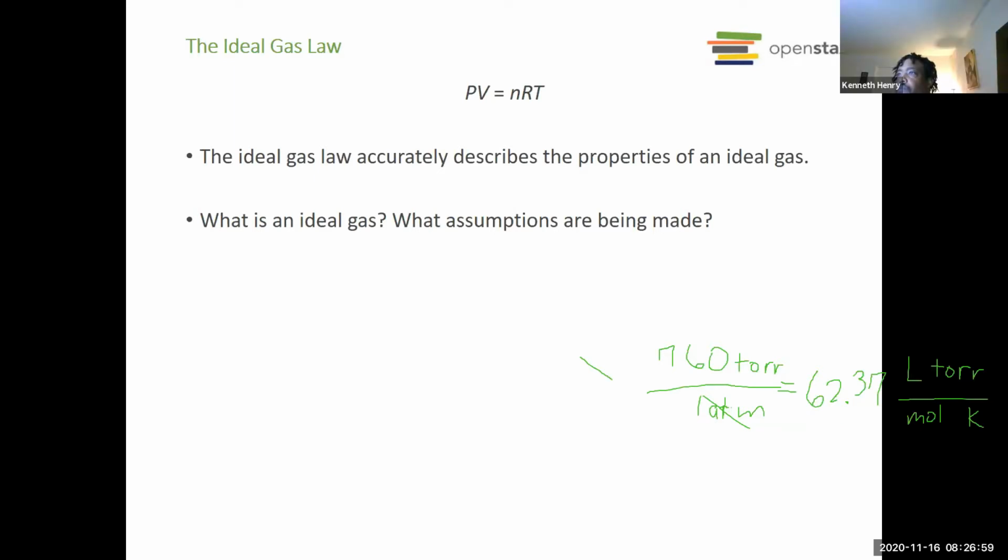So let me ask you this. The ideal gas law basically accurately describes the properties of an ideal gas. So what is an ideal gas, and what are the assumptions being made about an ideal gas? That it's at STP. It's at standard temperature and pressure.